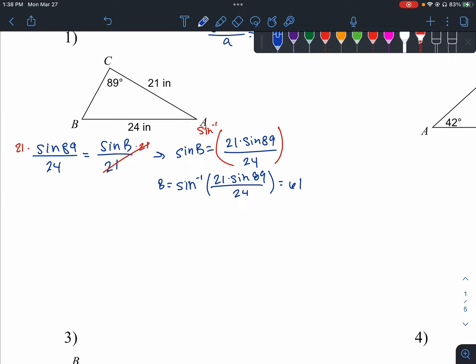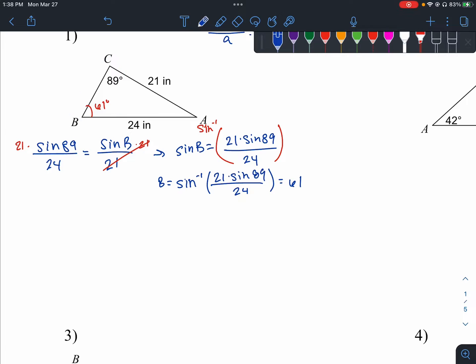So this angle right here is 61 degrees. Now that I have these two angles, I can find this angle right here. A is equal to 180 subtract 89 subtract 61, and that's equal to 30. So this one right here is 30 degrees.